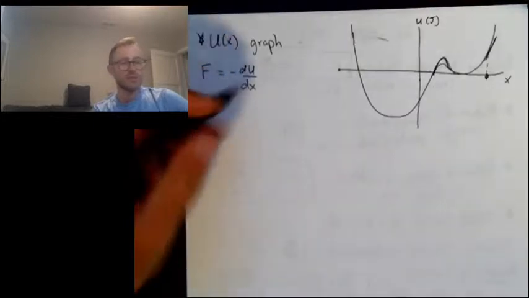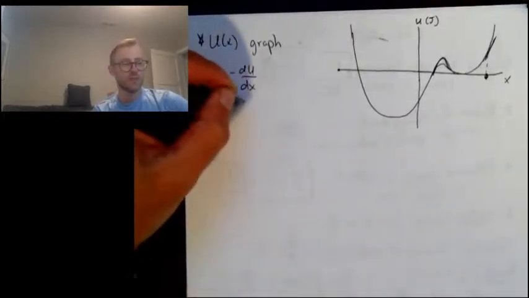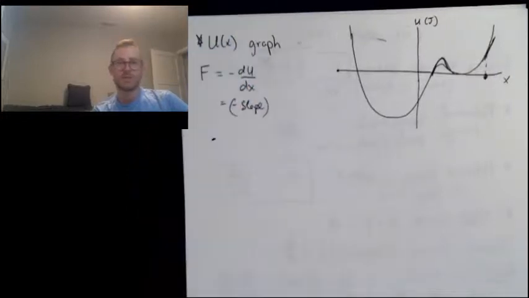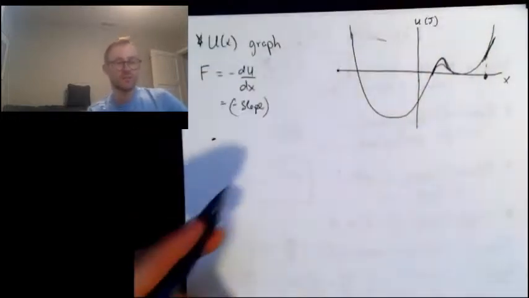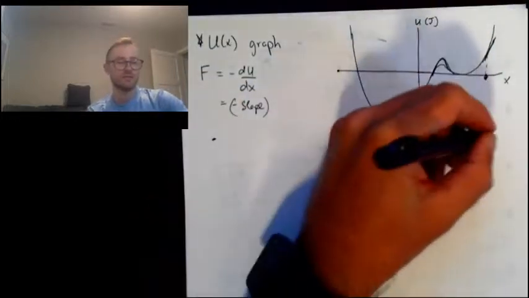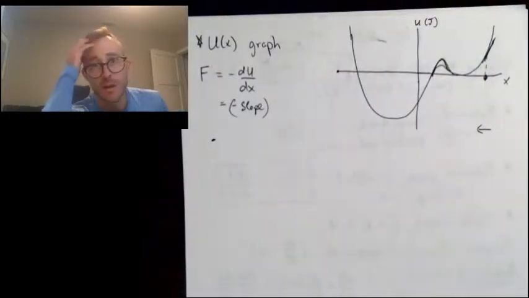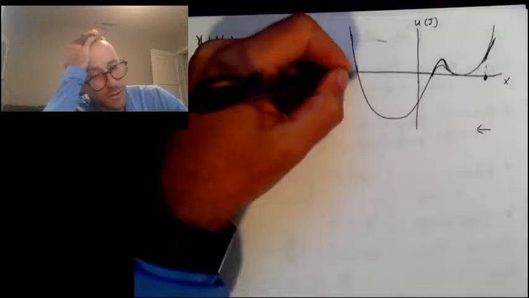By the way, dU/dx is the slope, so really the force is minus the slope. So if the slope is positive, then minus the slope is negative, so the particle is going to get pushed to the left.